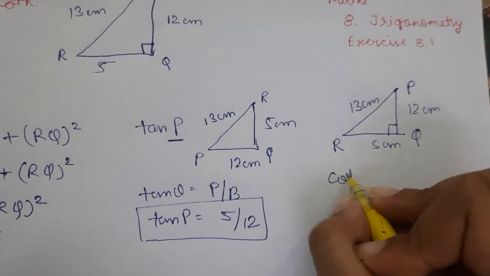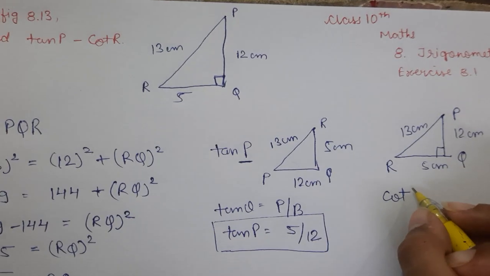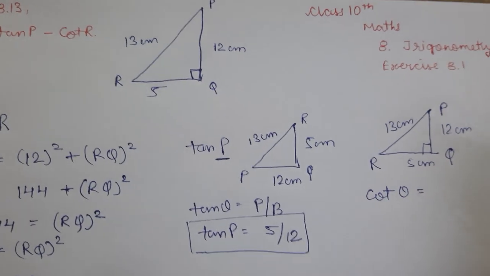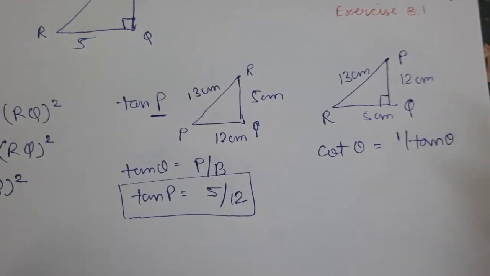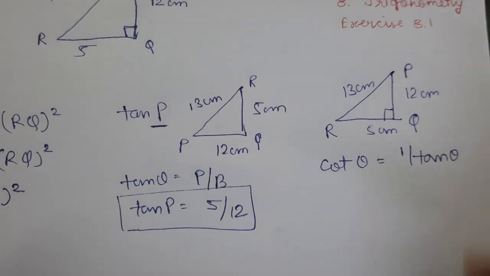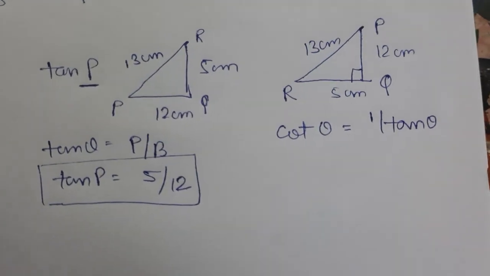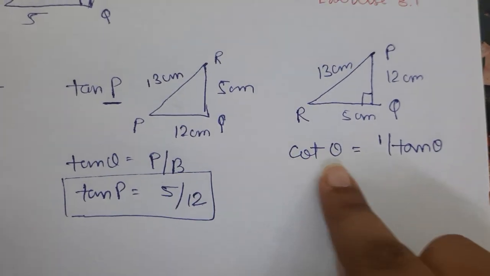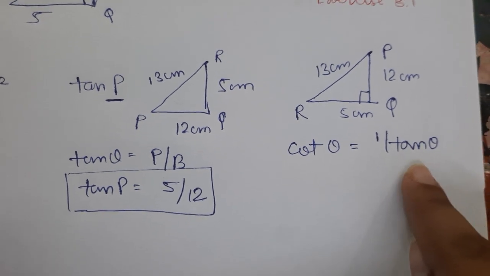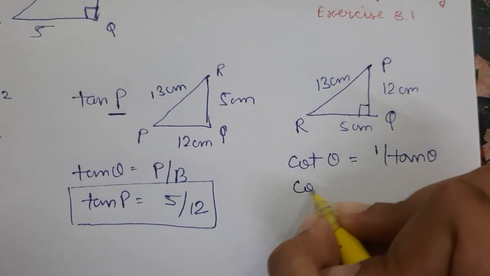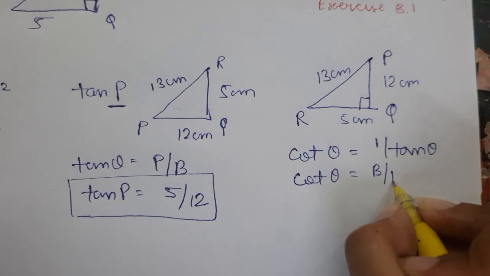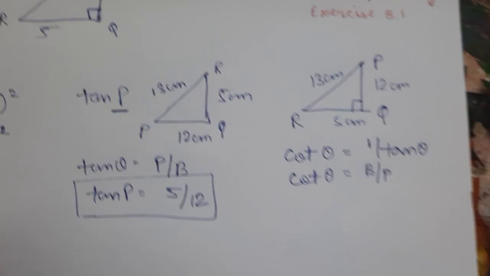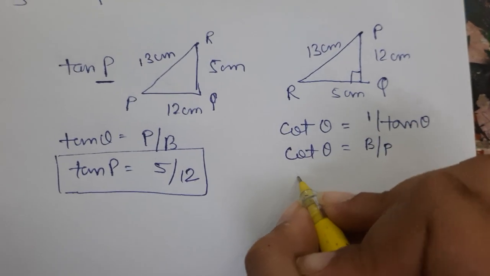And we know that for cot theta it is always 1 by tan theta, which means reciprocal of tan theta. You can simply understand it as reciprocal of tan theta. So cot theta is equal to base upon perpendicular. Simply we'll put the values here.